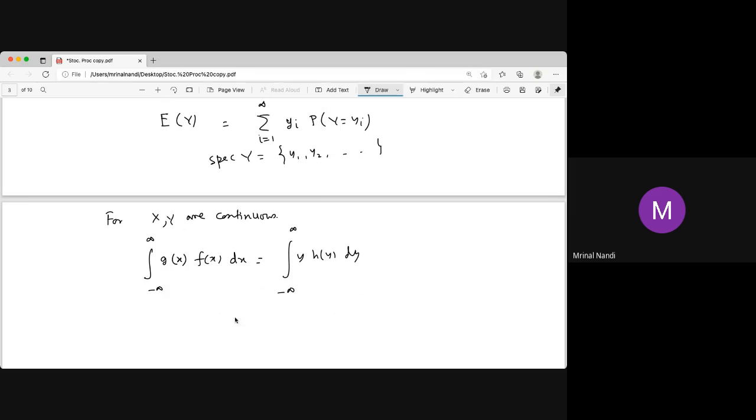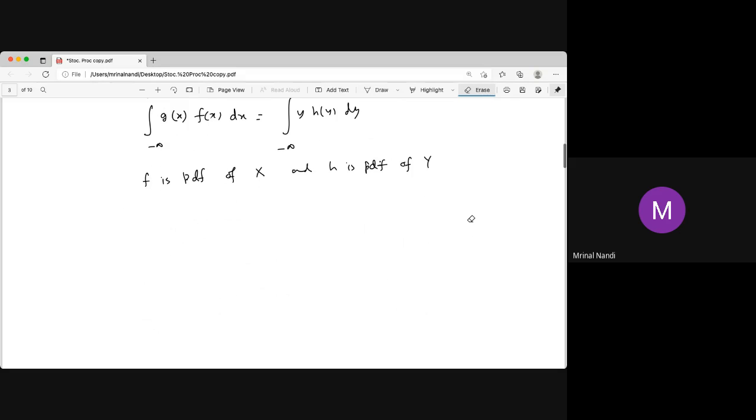Here f is the PDF of x, and h is the PDF of y. We have to prove that these two are equal, provided, obviously, that the expectation of mod g(x) is finite. That is given; otherwise it is not defined. So provided this is finite, these two are equal.